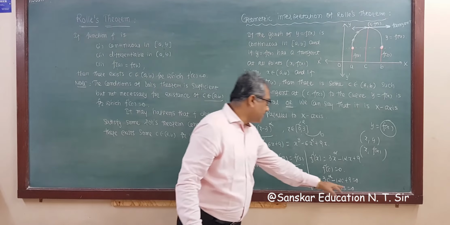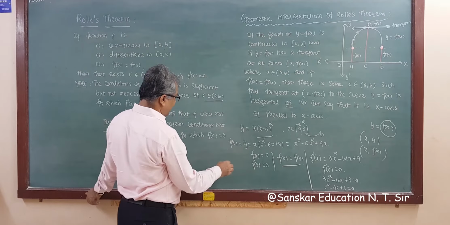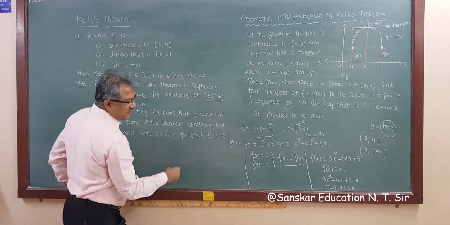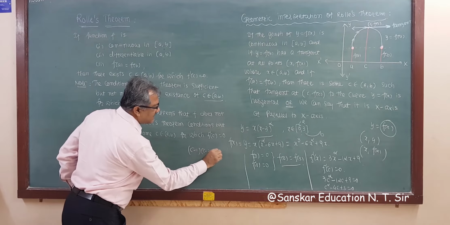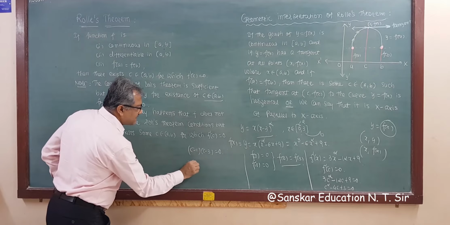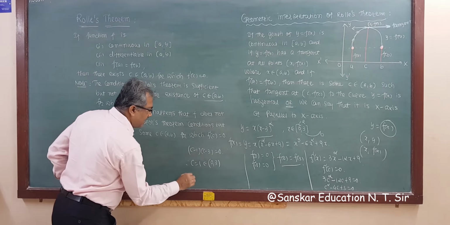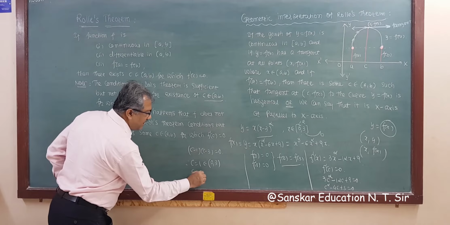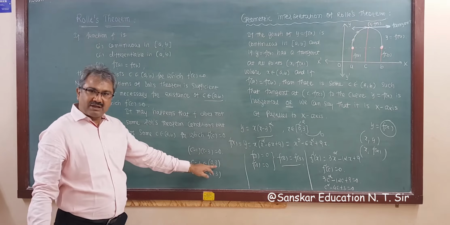Now 3 times 1 is 3, and 3 plus 1 is 4, so the factors are (c minus 1)(c minus 3) is equal to 0. That is c is equal to 1, which belongs to the open interval 0, 3, and c is equal to 3. Does 1 belong to 0, 3?